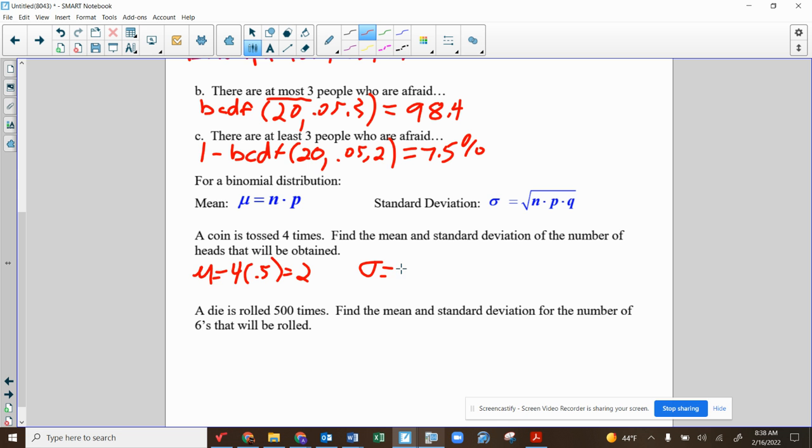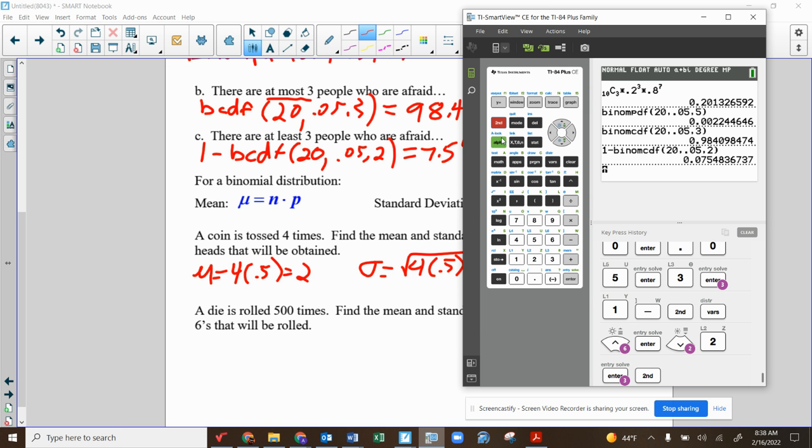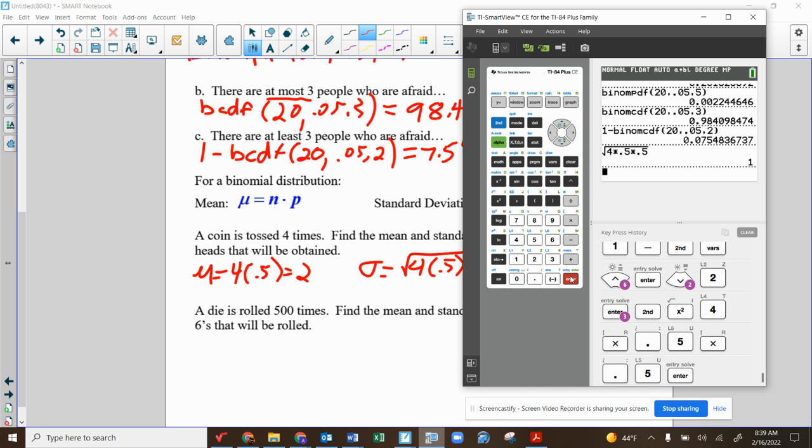Standard deviation is the square root of 4 times 0.5, and then Q would be 0.5 as well, because those two things total up to 100%. So square root of 4 times 0.5 times 0.5 gives you 1.